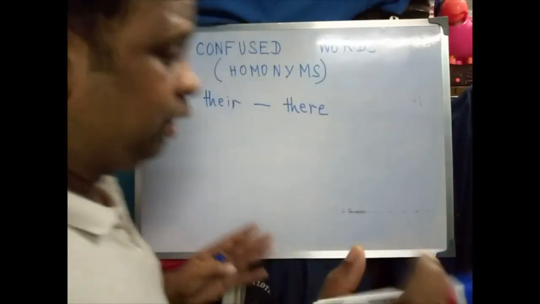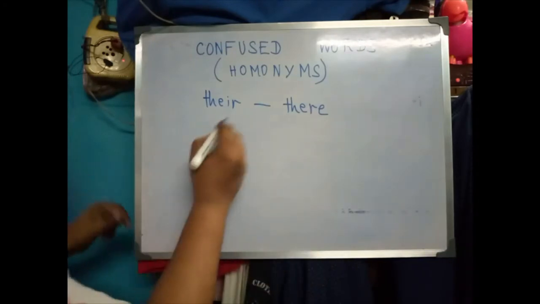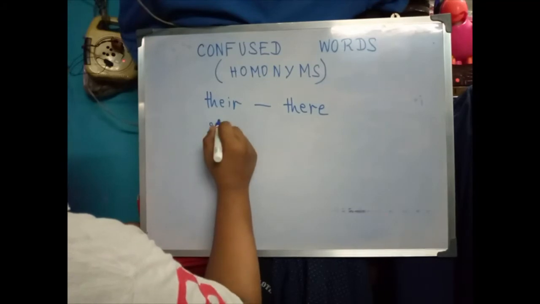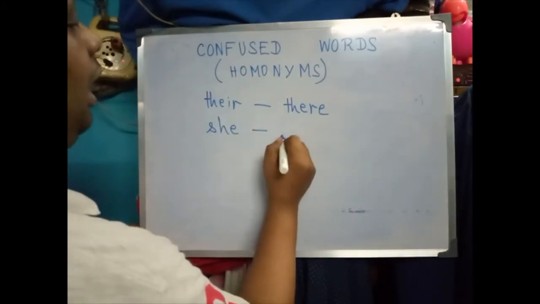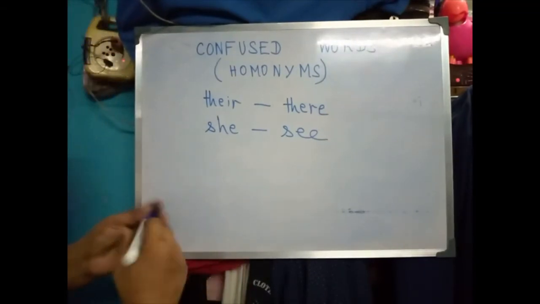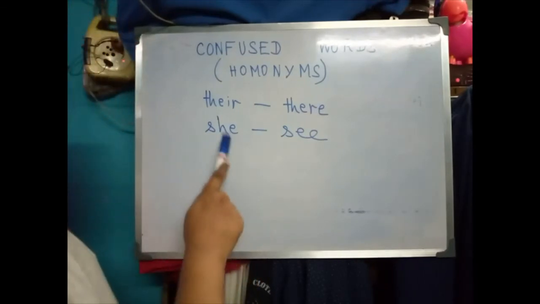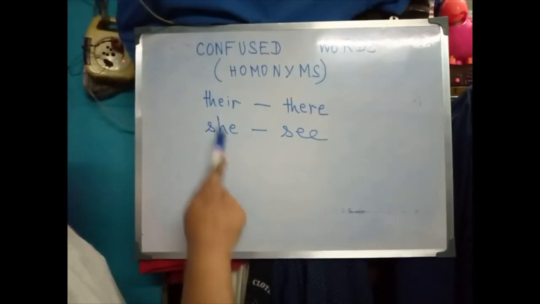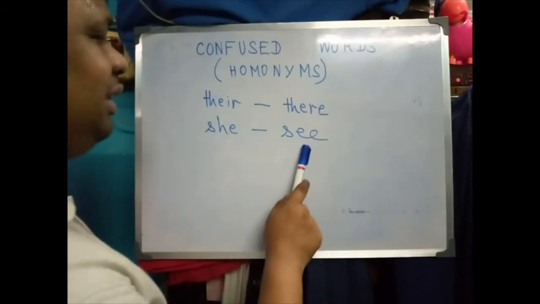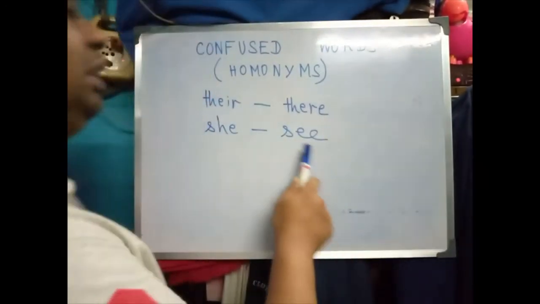Then another homonym, or confused word, I may say, is this: she and see. This she means the female of he. This she is a feminine gender. This is the pronoun of any female person, she. And this see means verb, to see anyone, to watch anyone, this see.